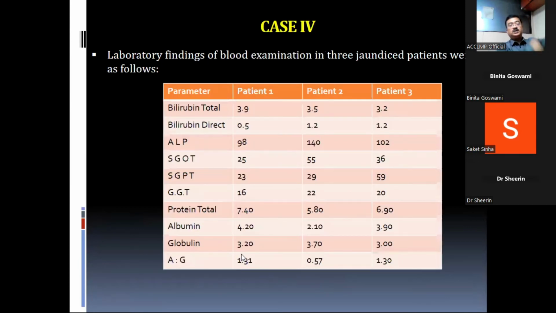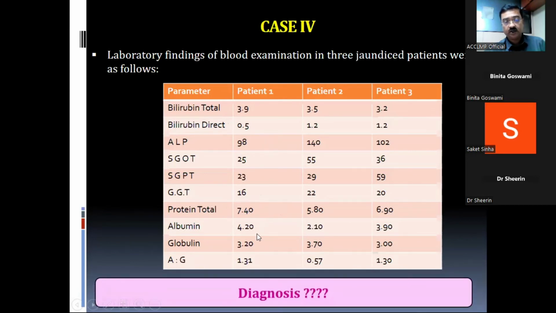Now this is interesting. After those easy ones, now you discuss these. I have three cases. In the first one, you have a total bilirubin 3.9, mostly unconjugated, as direct bilirubin is only 0.5. All enzymes are normal. Protein, albumin, globulin, all are normal.